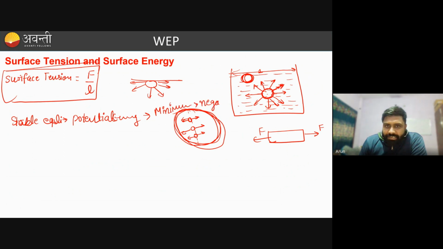It has a negative potential energy, let's say minus 100 joule. But the molecule present at the surface has approximately half of the molecules, half of the forces, not present. So it is also in equilibrium, but not as stable as the internally present molecule. So we can say it has a less negative value of potential energy, let's say minus 50 joule.